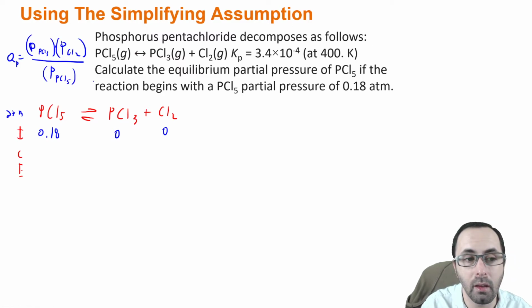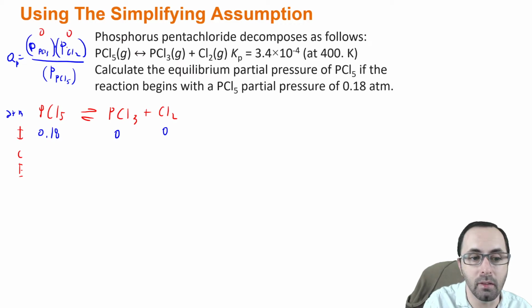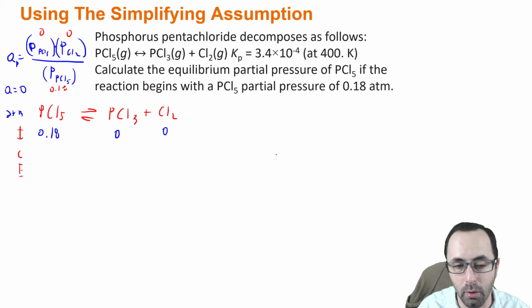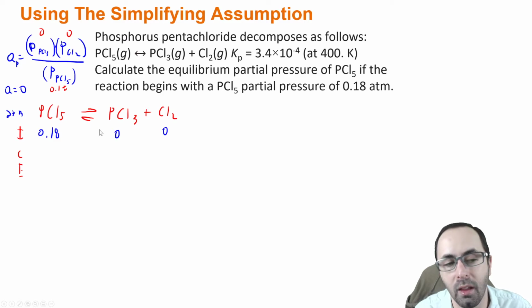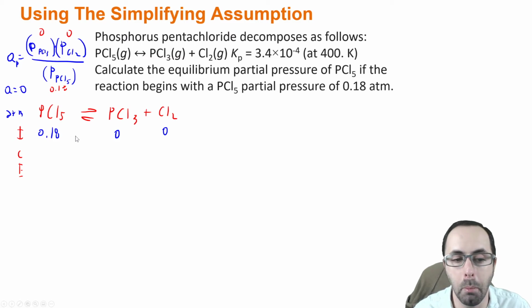And so if we put this in, this is going to be 0, this is going to be 0, this is going to be 0.18. So the Q here equals 0. So Q is less than K, the reaction is going to go forward. Of course, we know that just by inspection here, the reaction can only go forward. It can't go backwards. But I go through the process of calculating Q because sometimes you'll be given amounts of reactants and products to start with. So it will be important to know which direction the reaction is going to go. But here we do know the reaction is going to go forward because Q is less than K.